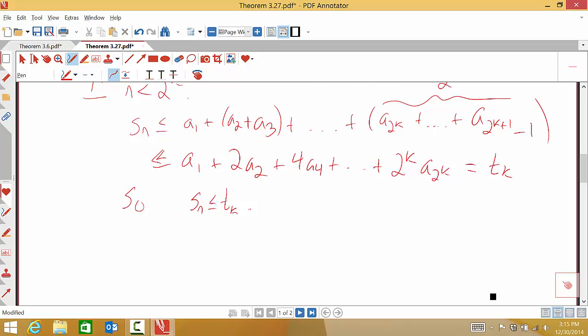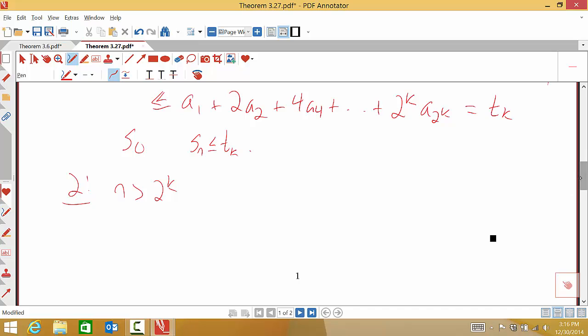Now on the other hand, if we look at case 2, let's say n is greater than 2 to the k. Then let's look at our sequences, see what we can do. If n is greater than 2 to the k, let's look at my S sub n.